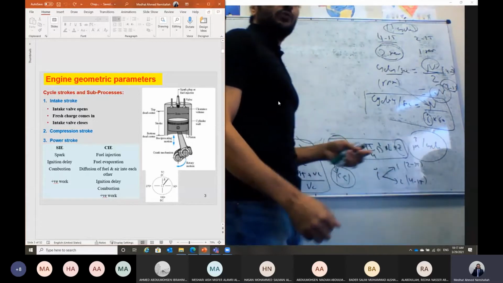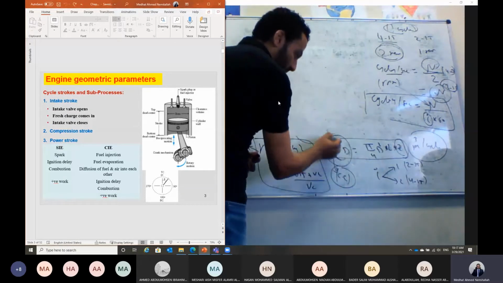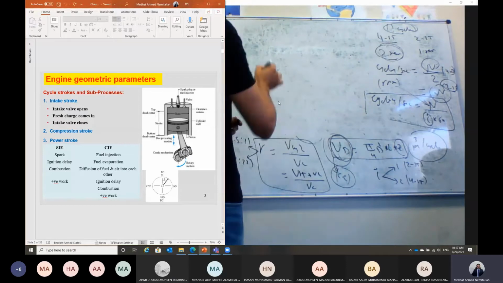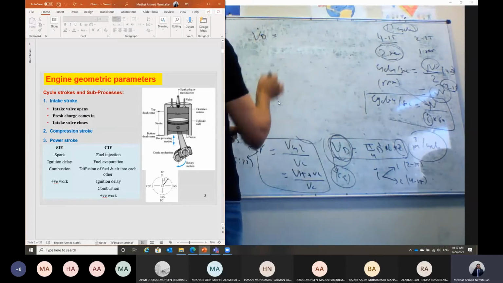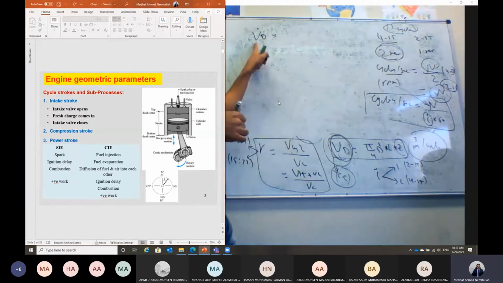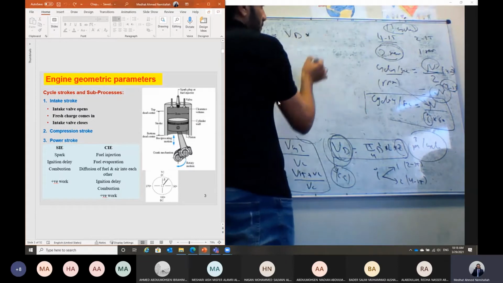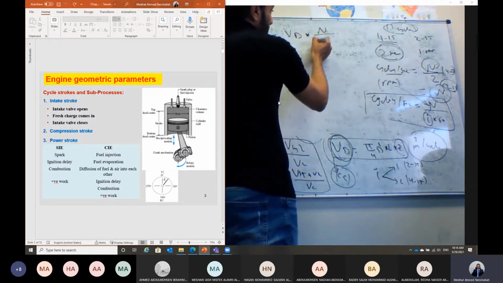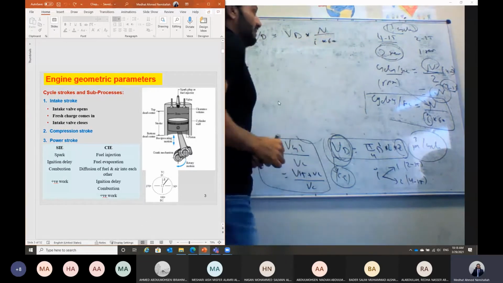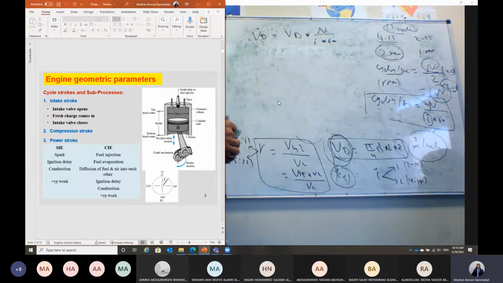This is meter cube per 1 cycle, the displacement volume of air for 1 cycle. So we can say the rate V dot, the volumetric flow rate of air charged to the engine in meter cube per second, will equal the displacement volume multiplied by the number of cycles per second, which is N over I multiplied by 60.